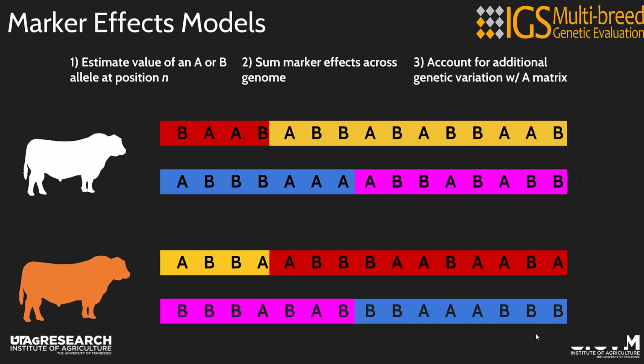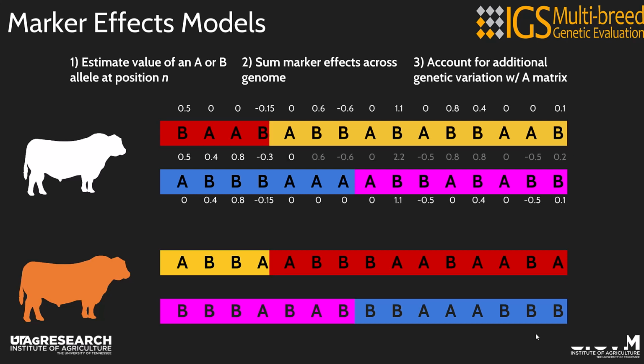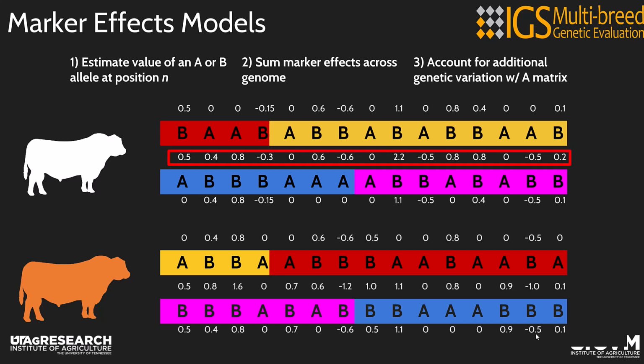The other, and this is the hybrid marker effects model, we can estimate effects at each one of these places in the genome. So having a B allele here is maybe worth an extra half a pound of weaning weight. We can do that all the way down the genomes of these animals. And then ultimately what we come up with is a marker effect estimate of that animal's genetic potential.